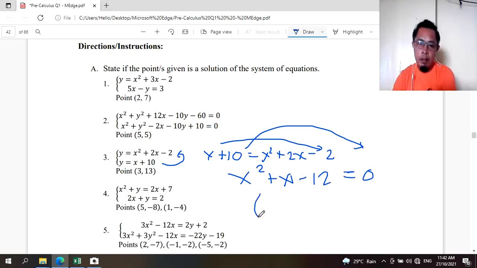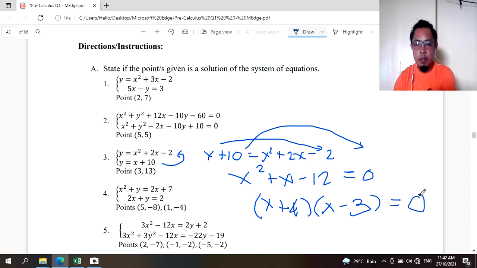By trial and error, possible factors for 12 are 4 and 3, so we can get the middle term. So factors: x plus 4, positive with the higher value 4, and x minus 3 equals 0. We equate to 0. That gives us x equals negative 4 and 3.